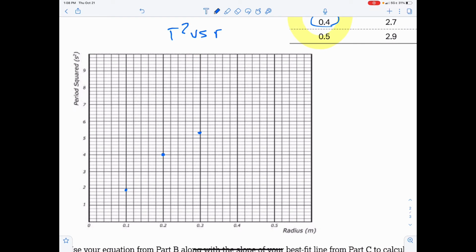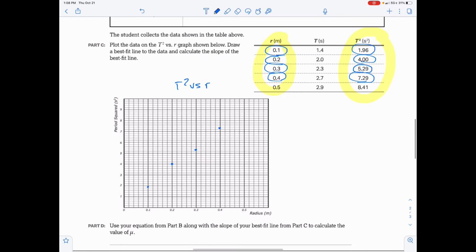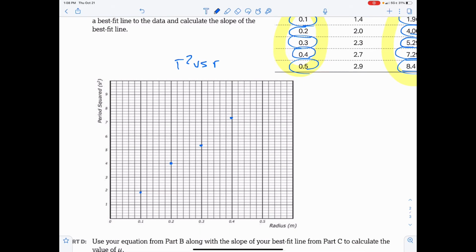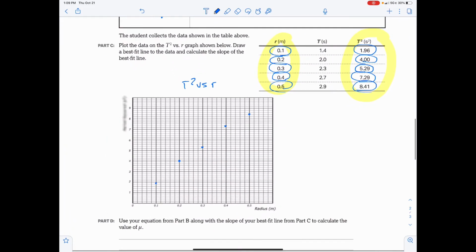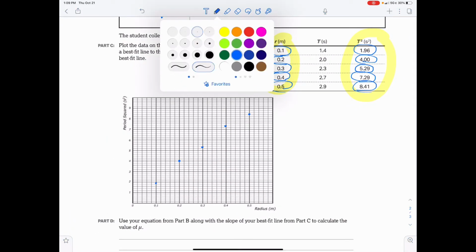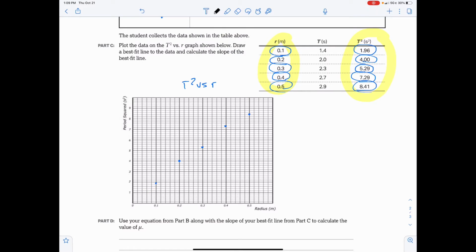That would be about right here. And in the last one, we're going to go 8.4 over 0.5, up 8.4. That would be right there. Now we need to draw a best fit line and then find the slope of that best fit line.